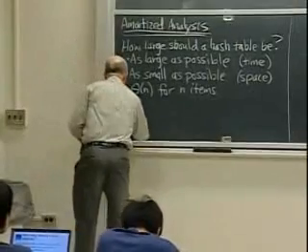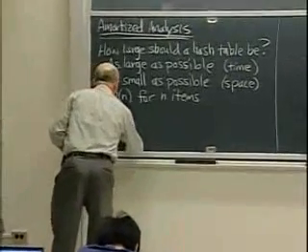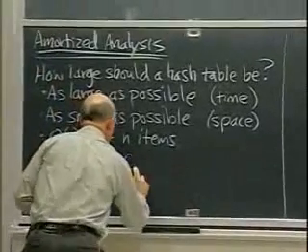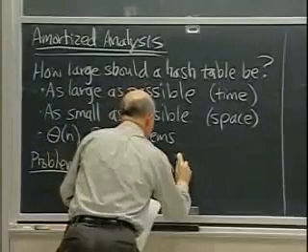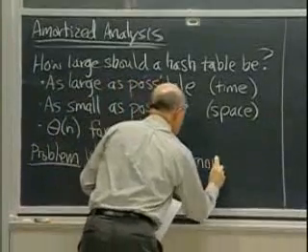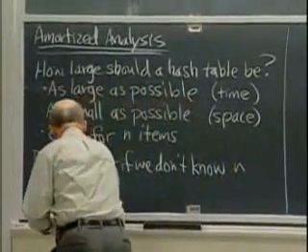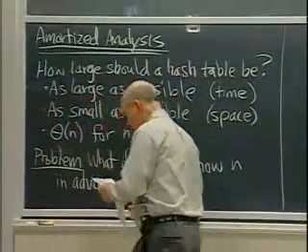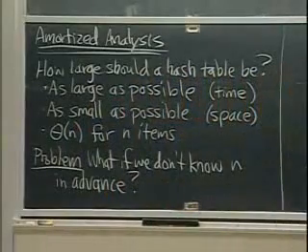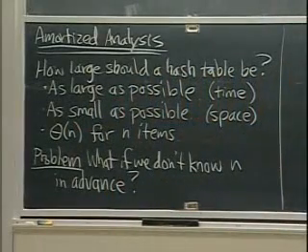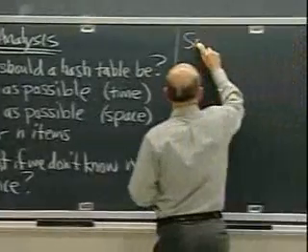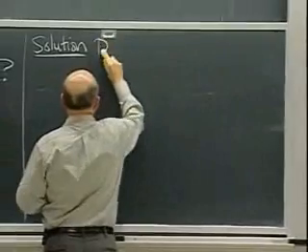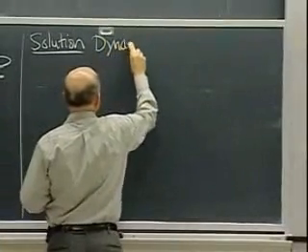So what if we don't know n in advance? The solution to this problem turns out to be fairly elegant. It's a strategy called dynamic tables.